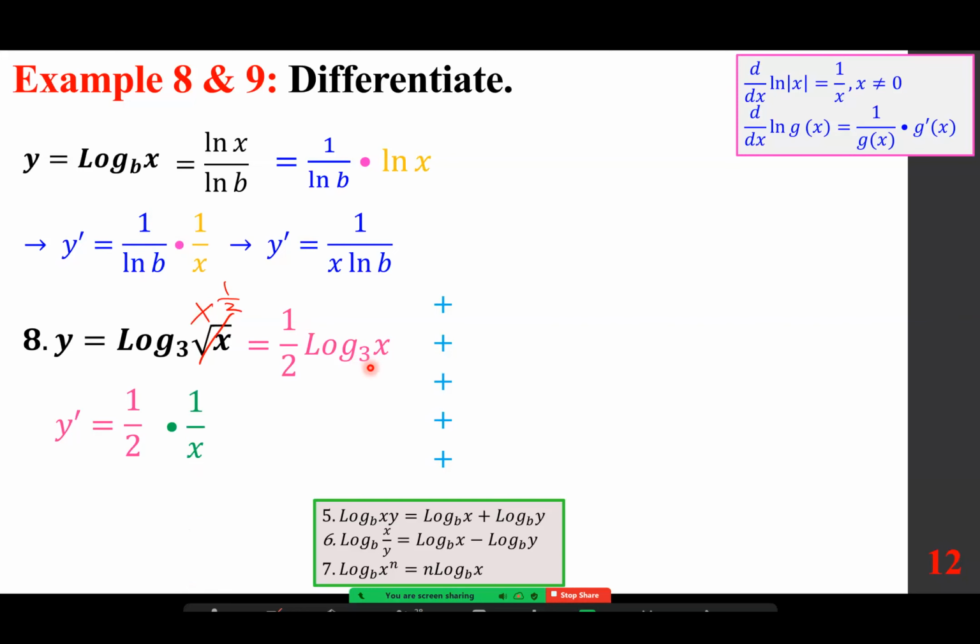So I need 1 over ln b, 1 over ln 3. This is because the base is not e. So this takes care of that. And now the final answer, we rewrite it in this fashion, that y prime is 1 over 2x ln 3. Okay, everybody, this is the methodology that we are going to use.